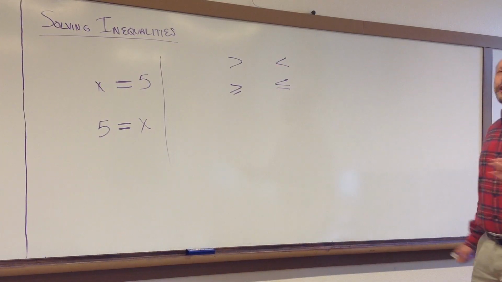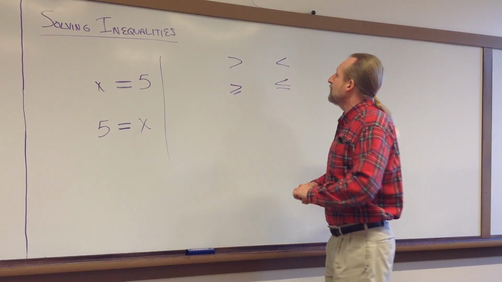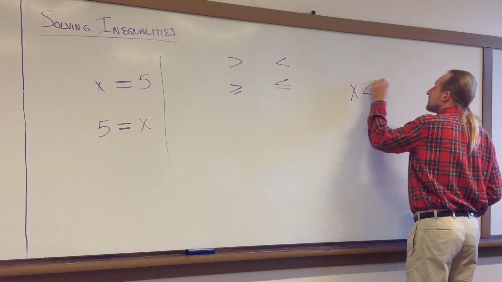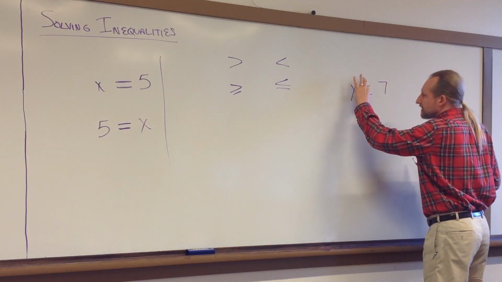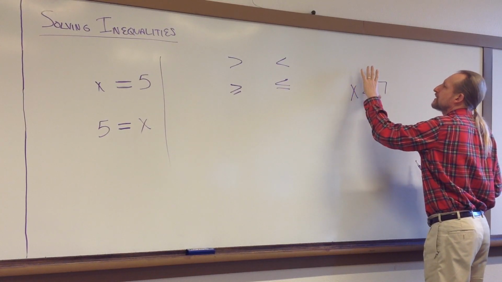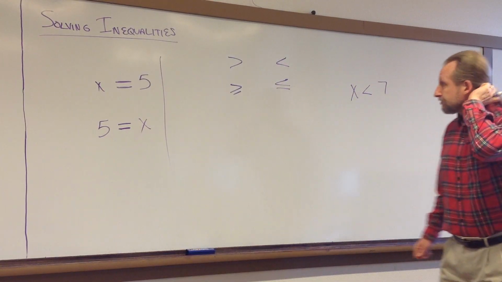That's fine. If that helps you to remember it, I have no problem with that. I like to stick with mathematics, so if we say something like x is less than 7, this side is squeezed down, this is the smaller quantity, this side is open, bigger, this side is the bigger quantity, okay?